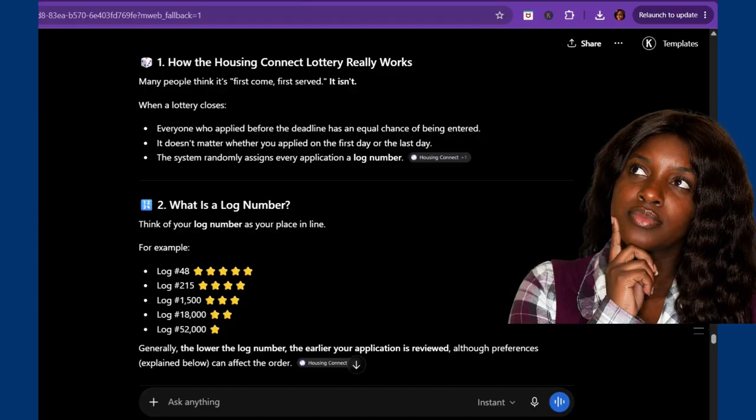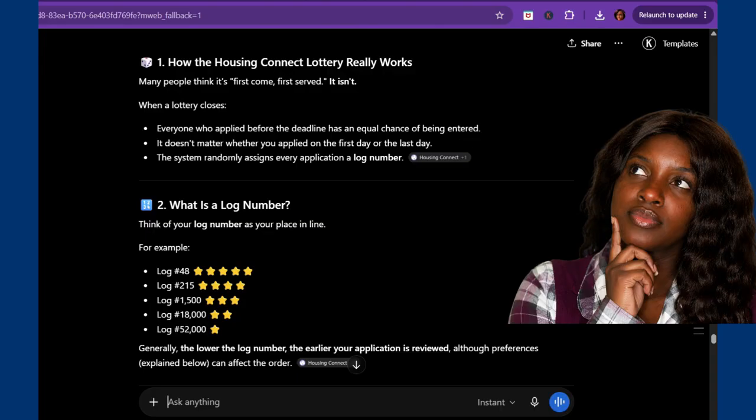Number 1, how the Housing Connect lottery really works. Many people think it's first come, first served, and it isn't. When a lottery closes, everyone who applied before the deadline has an equal chance of being entered.